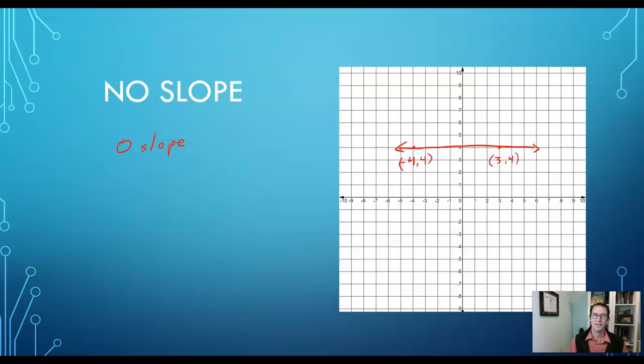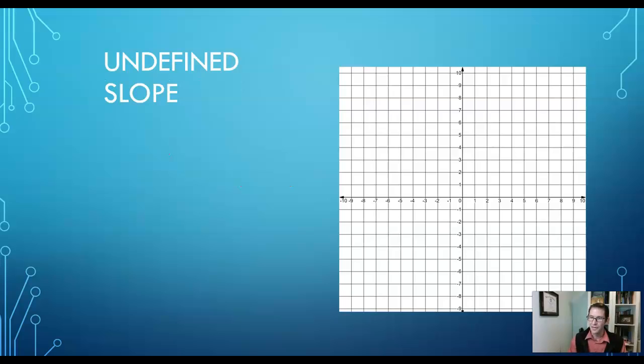Now using our definition of slope as change in y over change in x, I'll take this y value and subtract this y value from it, so 4 minus 4. And I'll take this x value and subtract this x value from it, so 3 minus a negative 4. That gives me on top a 0 divided by 7. Well, 0 divided by anything is 0. So that's why a horizontal line we say has no slope, or zero slope.